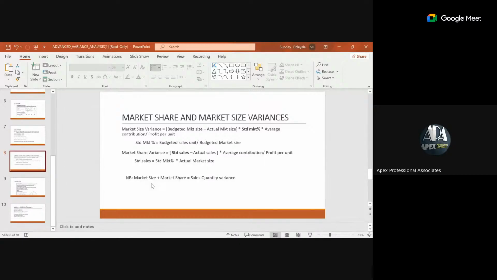Now, the market size variance is saying that when we were doing our budget, of course, you cannot expect to sell to the whole market, but you have a projection. Say you are selling pawpaw for drinks, and then you are going to a seminar.